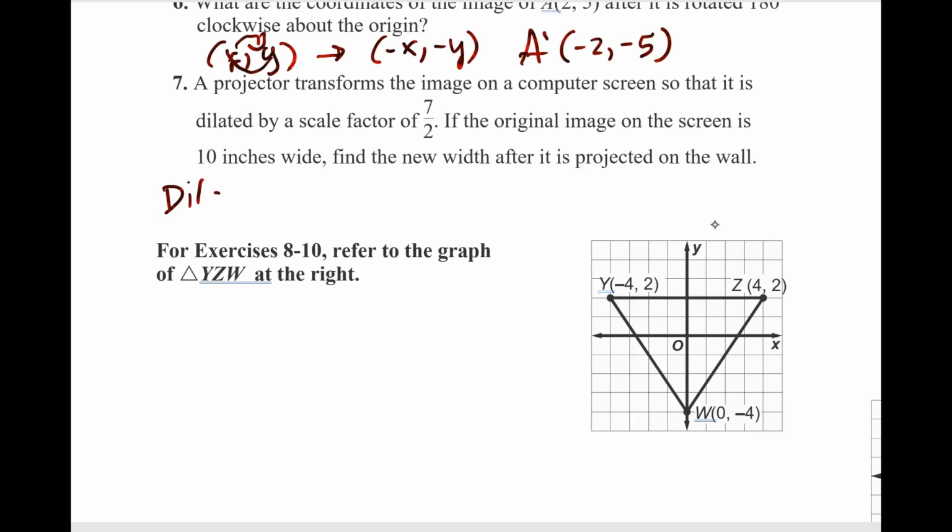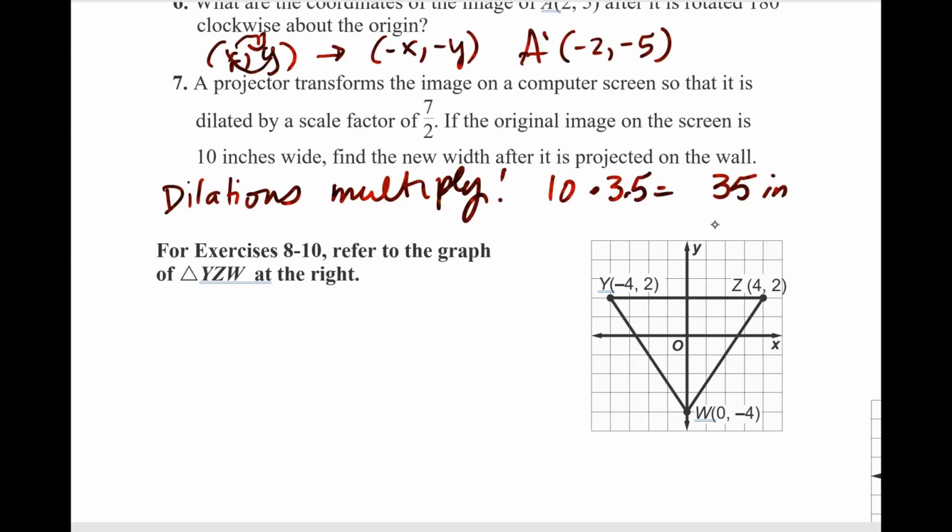Dilations, multiply. So we take 10 times 7/2, which is 3.5. 10 times 3.5 gives us a width of 35 inches. Simple.